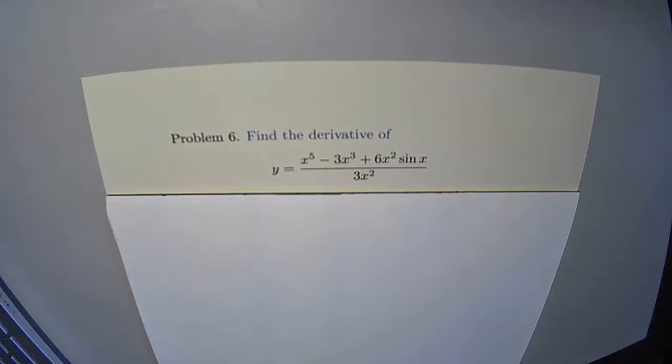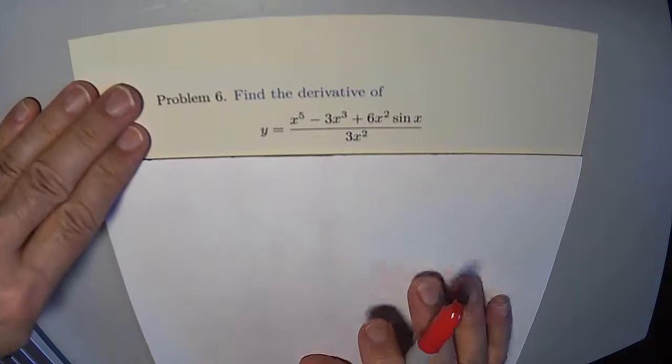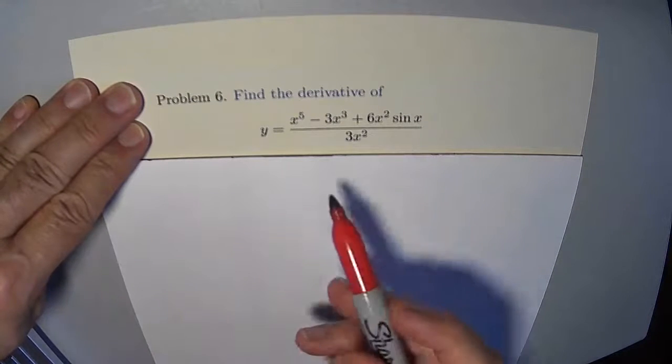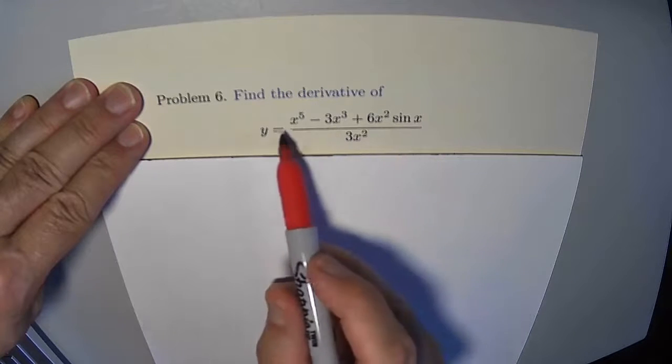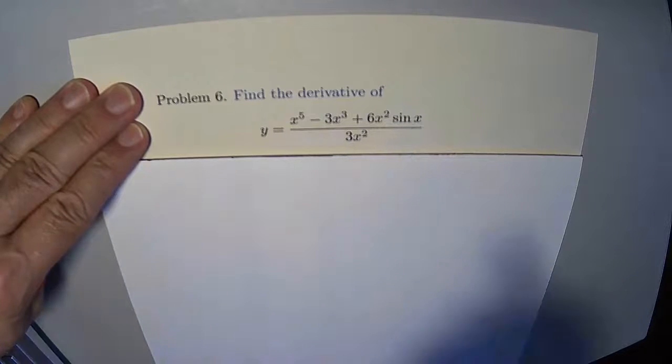In our sixth and final problem with the quotient rule, let's take the derivative of this fraction. If we jump in and try to call the numerator u and denominator v, then u prime will involve the product here of two functions, or a product rule.